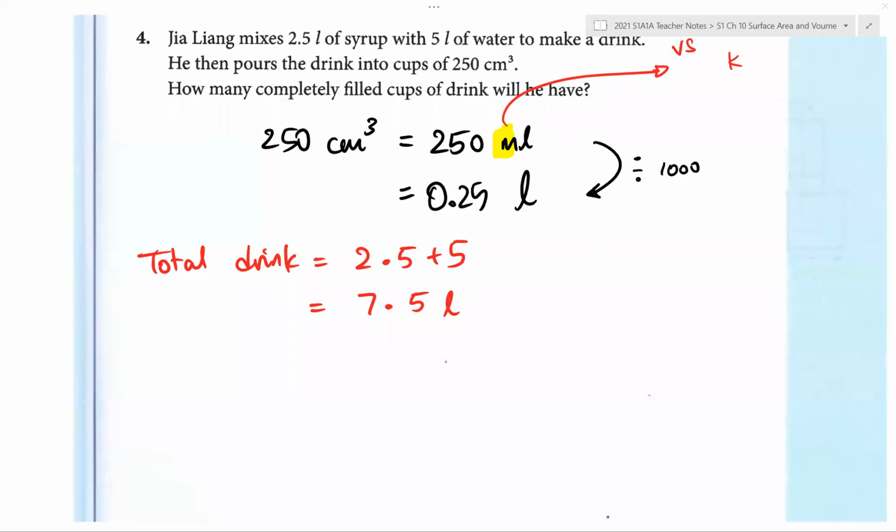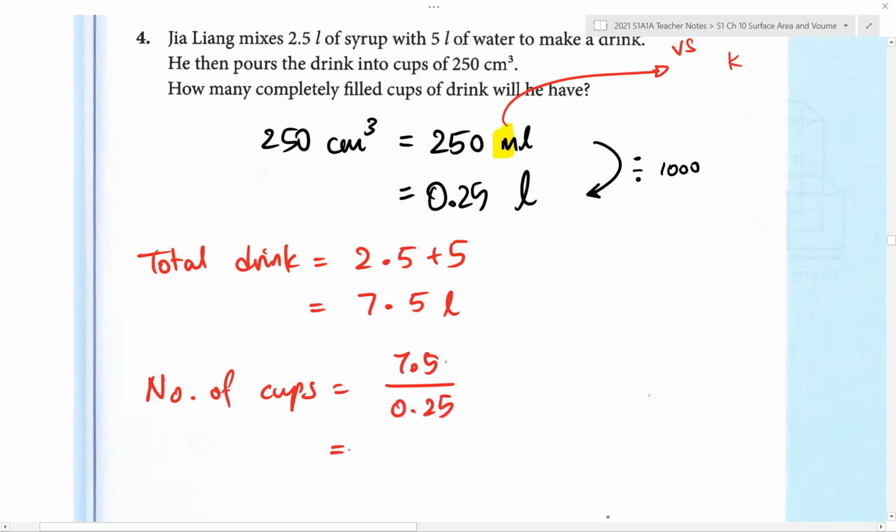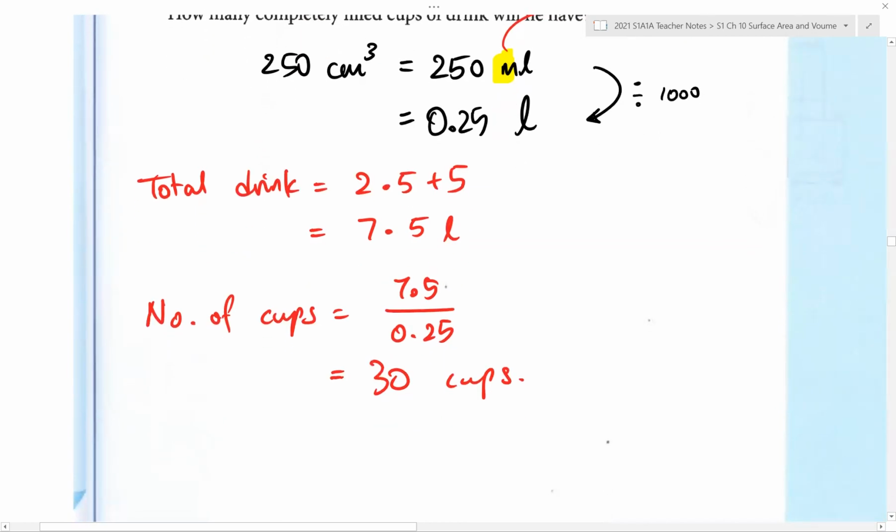So the number of cups will be 7.5 divided by 0.25. And we get 30 cups, 30 completely filled cups.